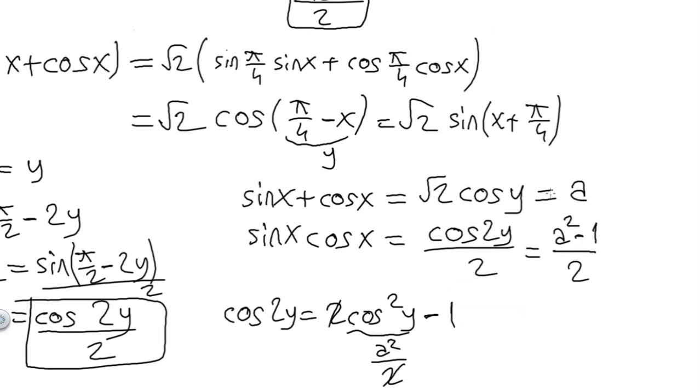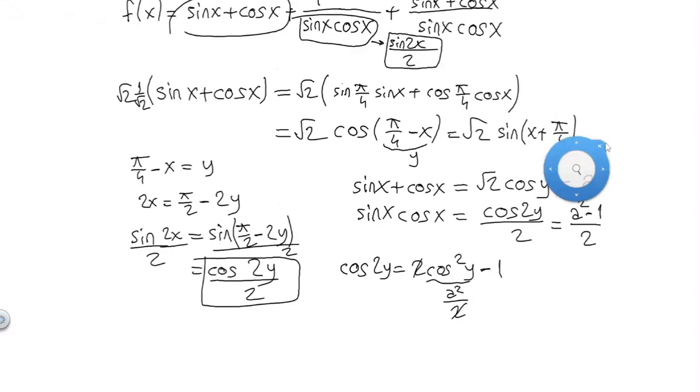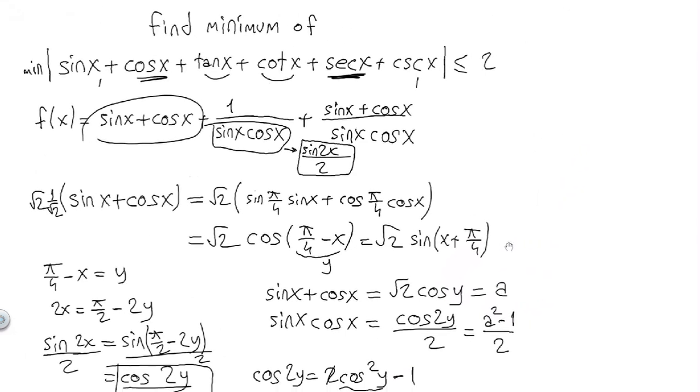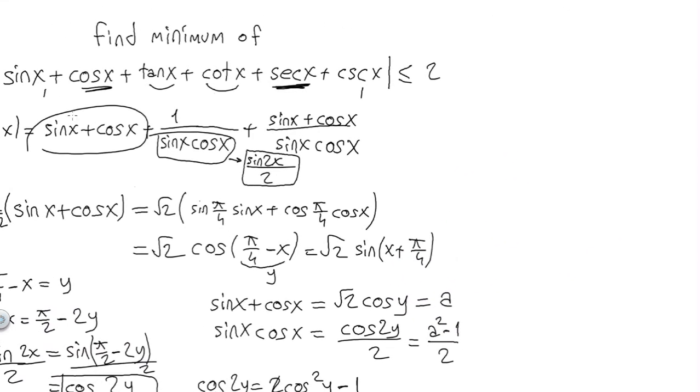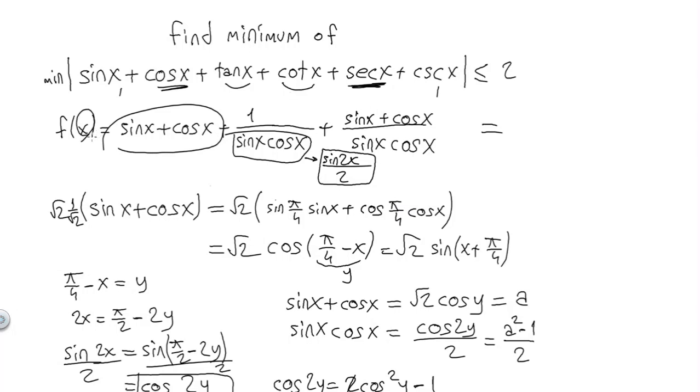Okay, so now I wrote both of them in a kind of simple form. Let's try to just substitute them all back in. I said I have sine x plus cosine x, which is a. Also, here I said f of x, but now we turned them into a, so I can say f of a, or g of a, it doesn't matter.